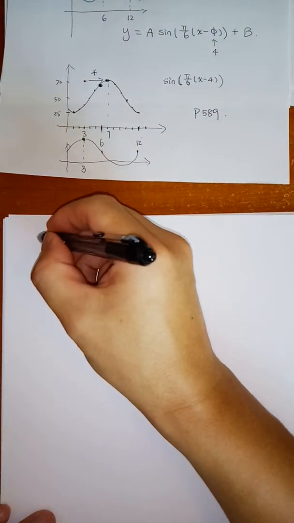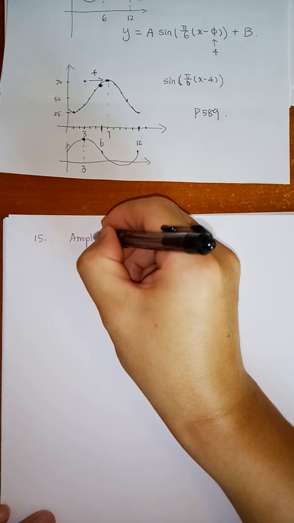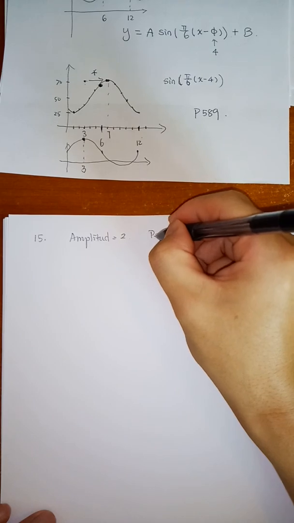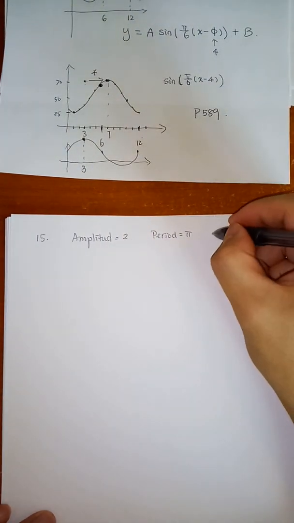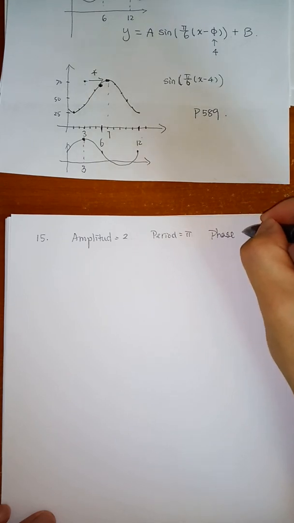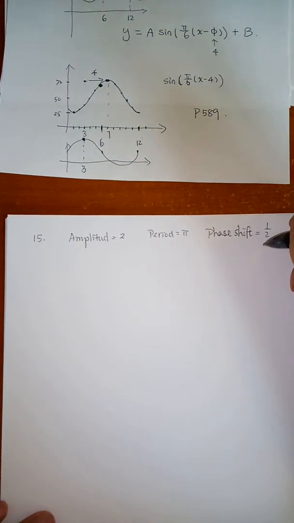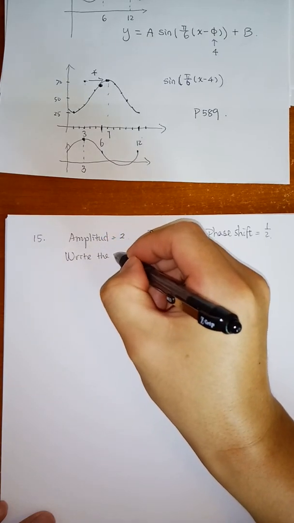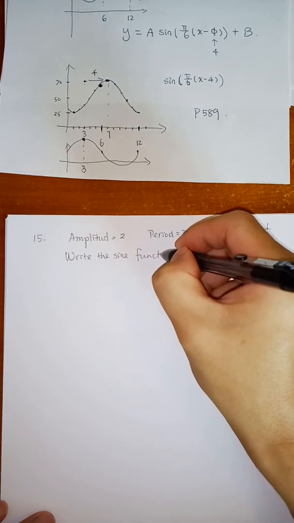For example, in problem 15 in the exercise, assume we know that amplitude is 2, period is pi, and phase shift is 1/2, and write the sine function, not equation, sine function.